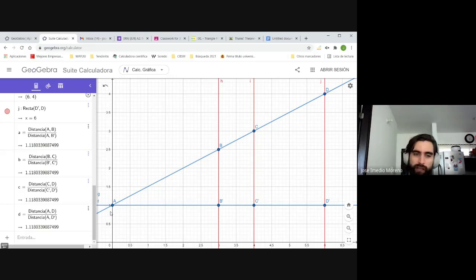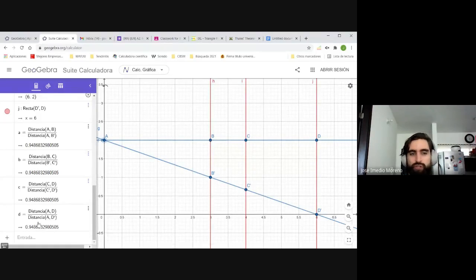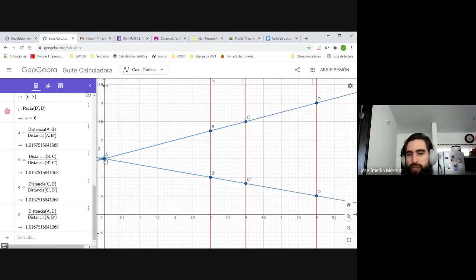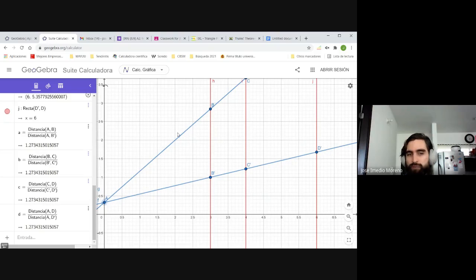AD divided by AD prime is also 1.12. If I move the point A, those ratios change, but they all change at the same time and remain the same as each other. If I keep moving, the ratio keeps changing, but it's the same in all cases. So that's what Thales' theorem states.